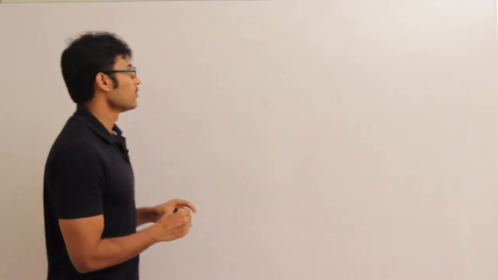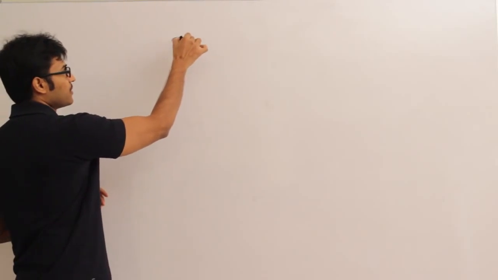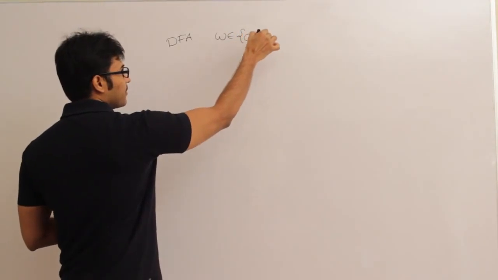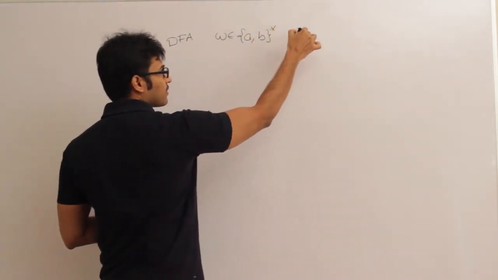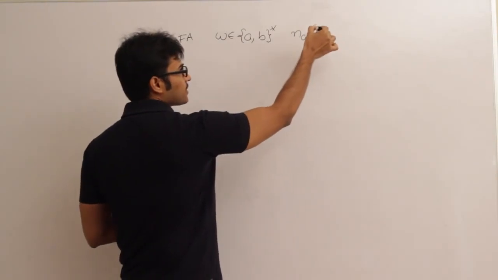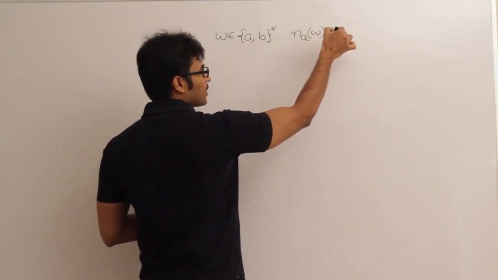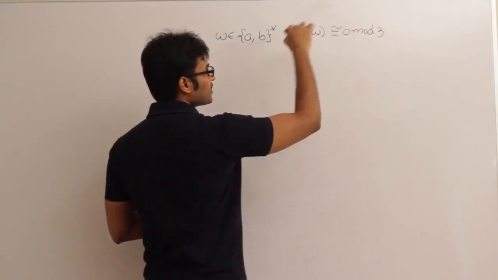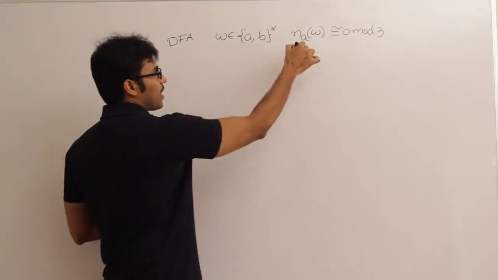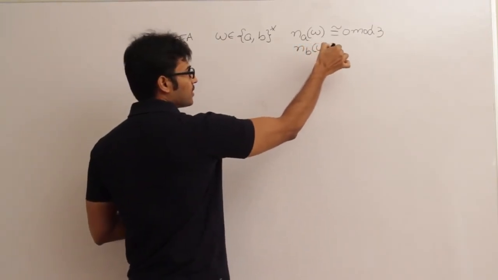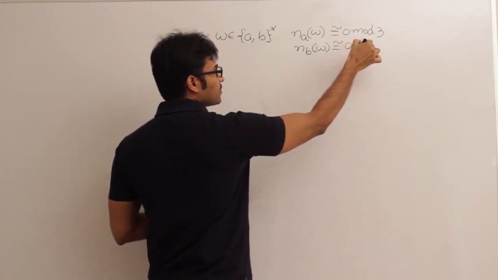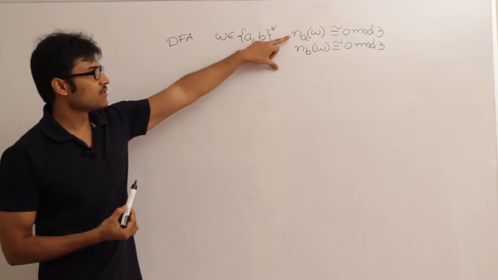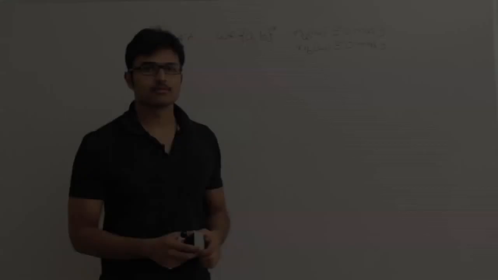Let us say I have to construct a minimal DFA which accepts the set of all strings over {A, B} such that the number of A's in W is congruent to 0 mod 3, which means the number of A's is divisible by 3, and the number of B's in W is congruent to 0 mod 3, which means the number of B's is also divisible by 3.